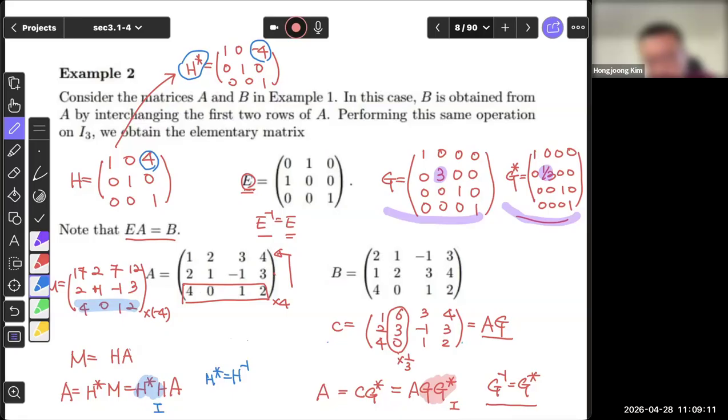So given this H, we could find H star, and that is also a type 3 elementary matrix. Okay. And E star is the inverse of E, and that is a type 1 elementary matrix. And G star is a type 2 elementary matrix.